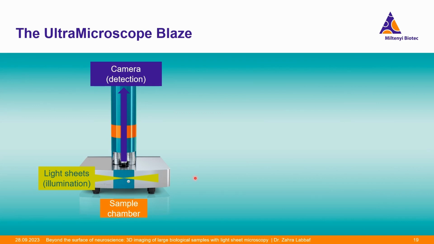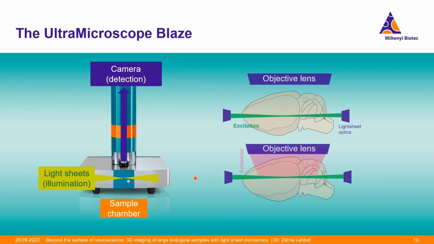Now, let's have a look at the principle of light sheet microscopy and its advantages. So, in a light sheet microscope during excitation, as you can see here, only one focal plane is illuminated at once, and therefore compared to a confocal microscope, where the sample is excited point by point, excitation in light sheet is much faster.